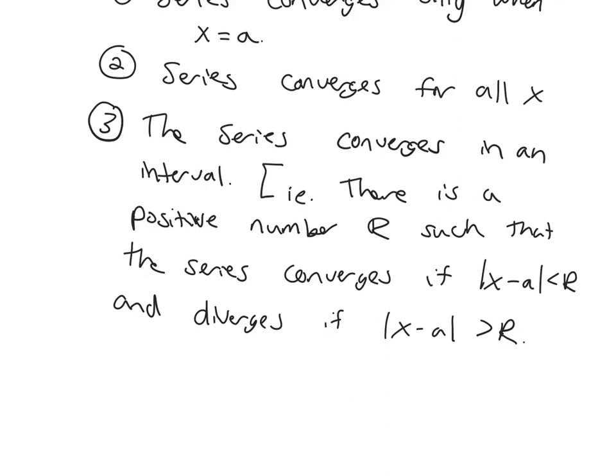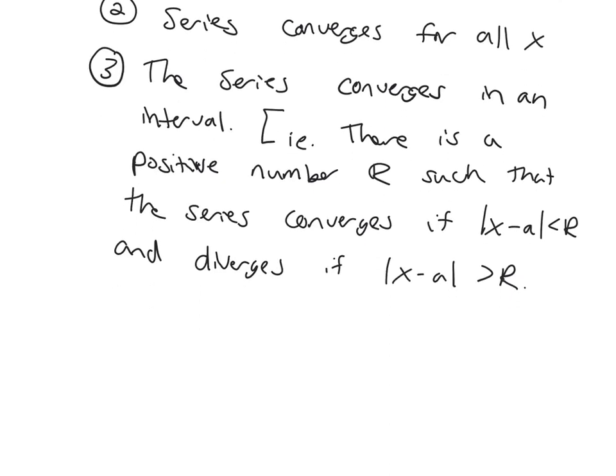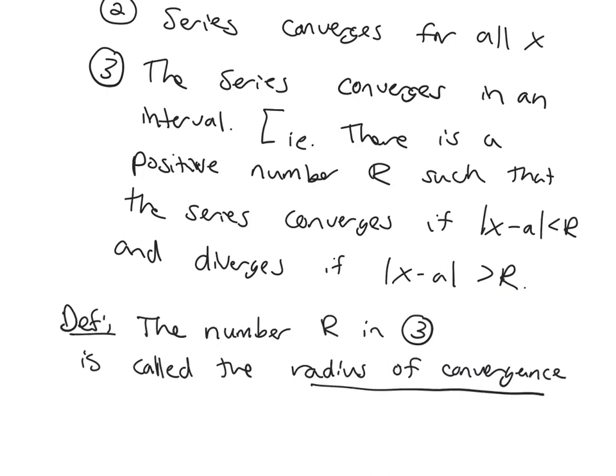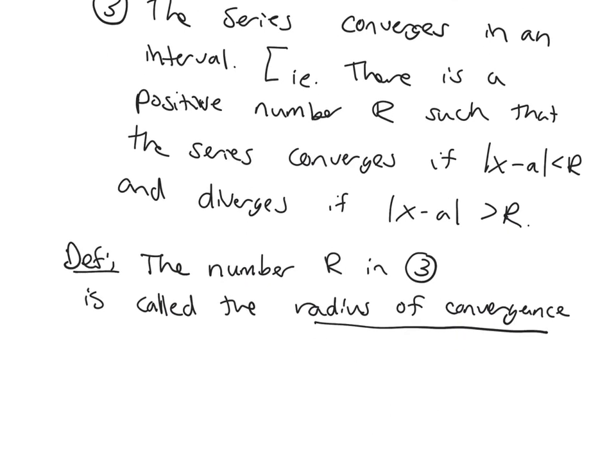This number R is special, it's capital R, and we're going to call it the radius of convergence. So I'm going to define that for you. The number R in case 3 is called the radius of convergence of the power series.